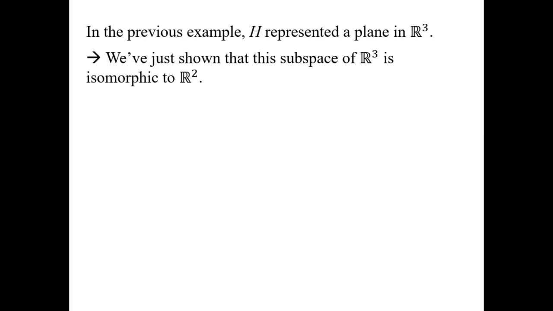What we've just shown is that this plane in R3, the subspace of R3, is actually isomorphic to R2. Because we can take any vector x that's in H. Now we know that x is part of R3, it's just also in the subspace H. Every vector x can be mapped to this other vector, which are the coordinates of x in R2, or R squared, I should say.